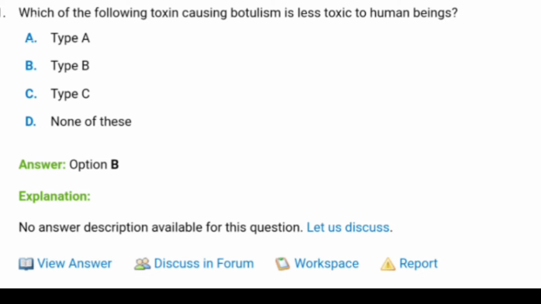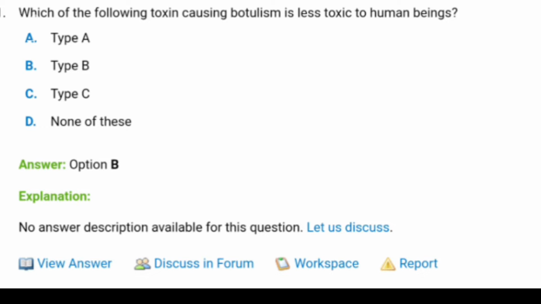Botulism is a disease caused by one neurotoxin called botulinum, which is produced by one bacteria called Clostridium botulinum.